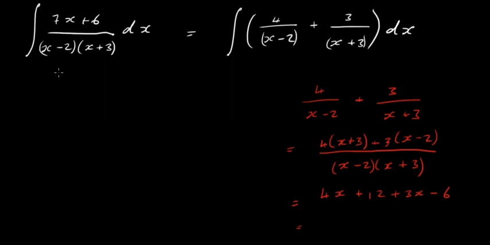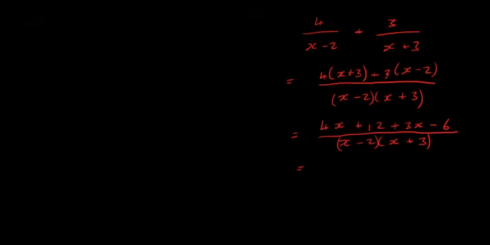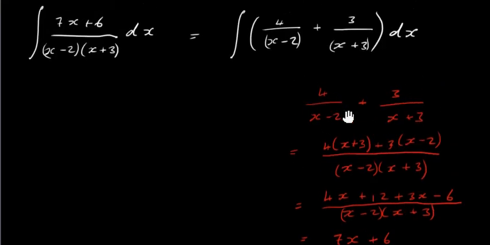So that's all over x minus 2 times x plus 3. If I do the top line here, I get 4x plus 3x, that will give me 7x. 12 minus 6 is plus 6, and on the bottom here I end up with x minus 2 times x plus 3. So I end up with 7x plus 6 on the top when I add these two fractions. So they are exactly the same here, 7x plus 6.